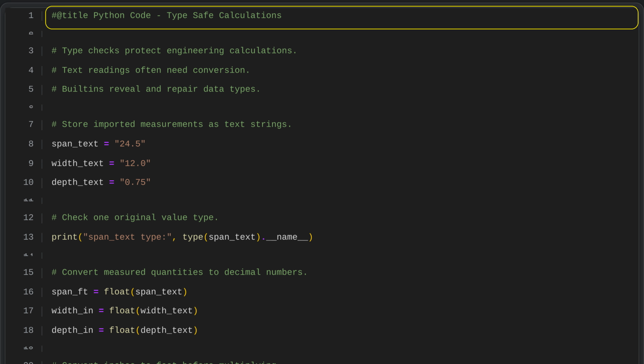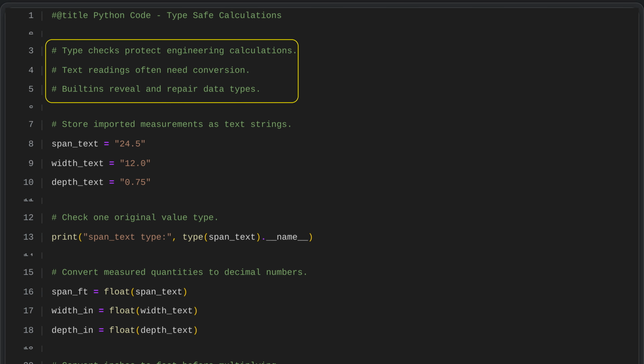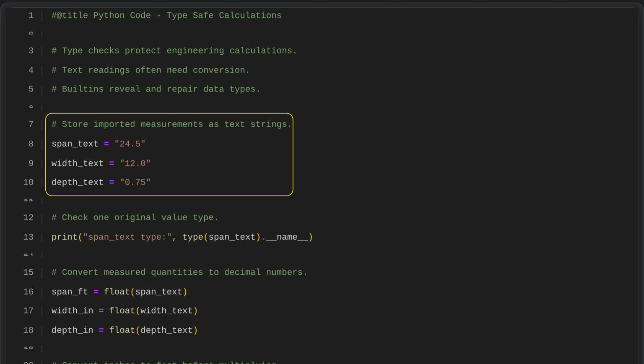Python code. Type-safe calculations. Type checks help protect engineering calculations by making sure data is in the right form before it is used. Text readings often need to be converted into numeric types, and built-in tools can help identify and fix type issues.